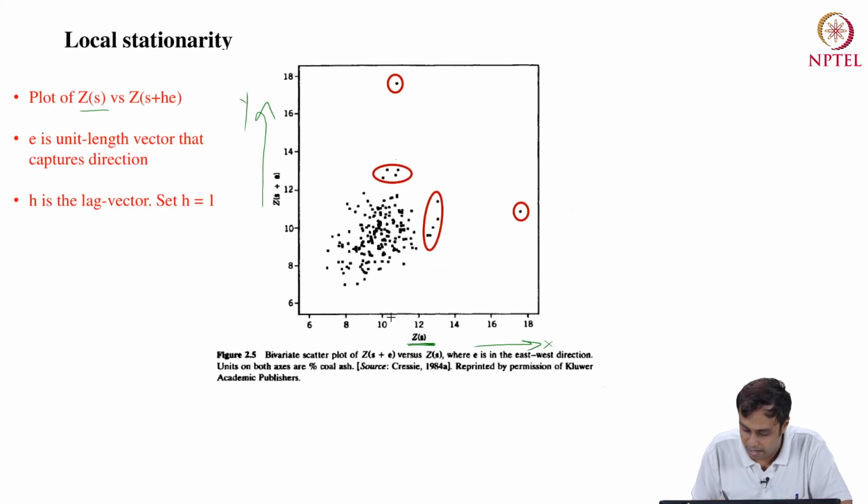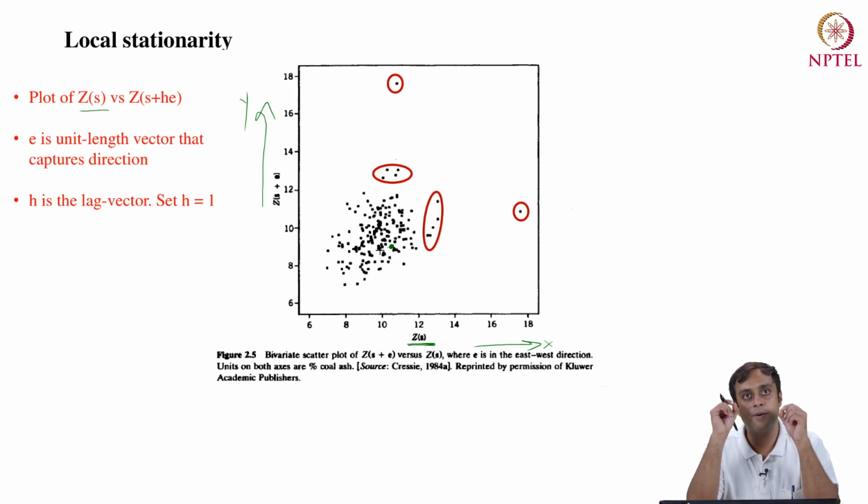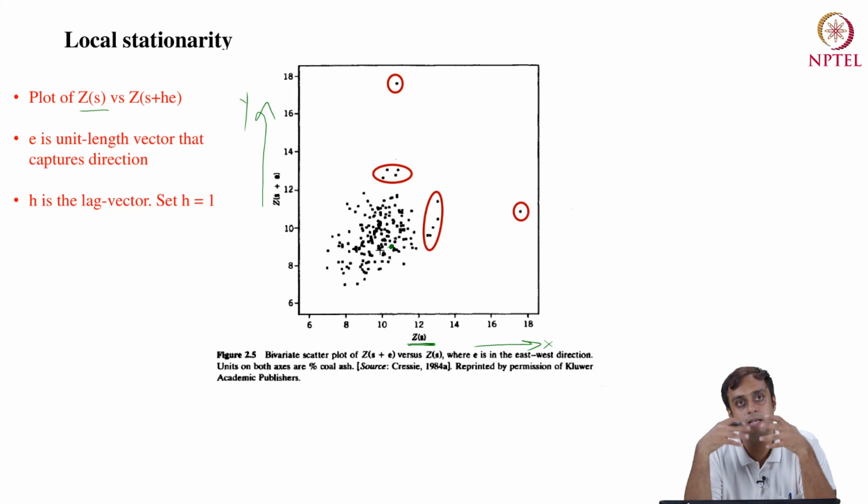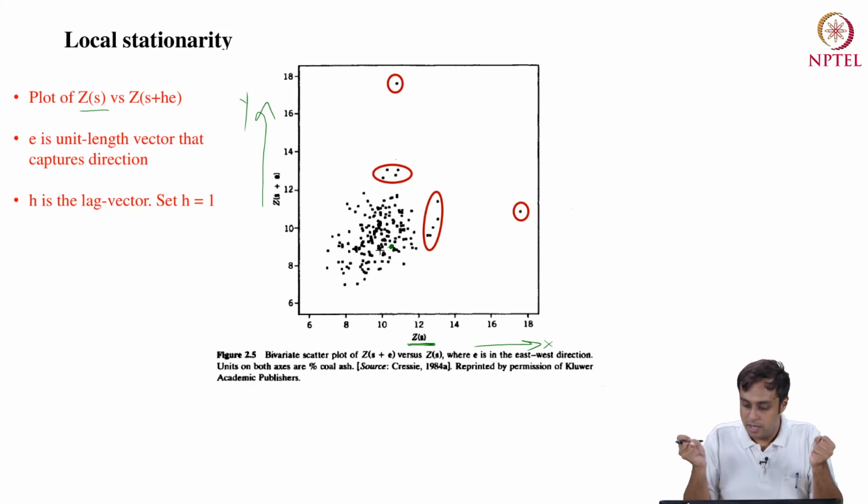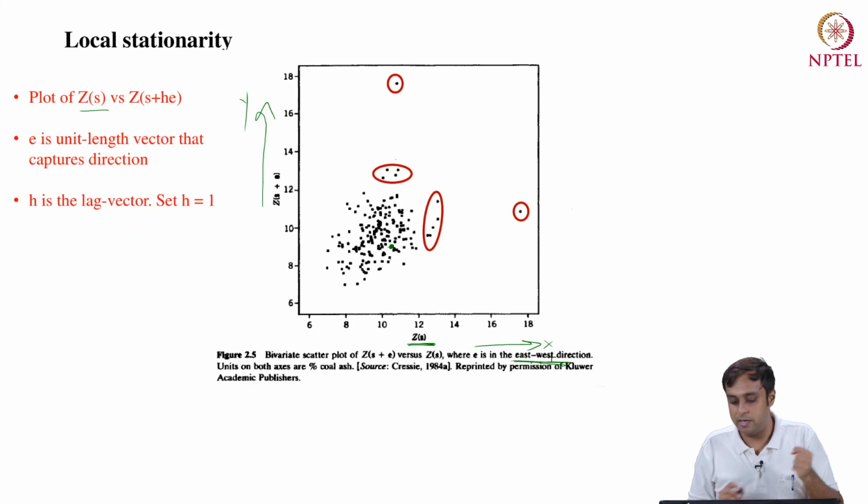I have my 10.5 somewhere around here and my 9.5, 9 point something, here. So this is an approximate pair of Z of S and Z of S plus E. Each point on this scatter plot is a representation of neighborhood pairs when we move in the east-west direction.